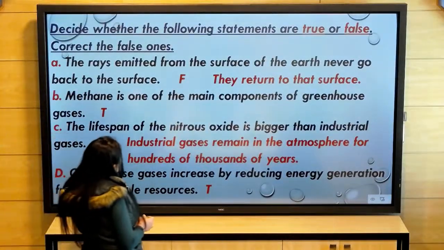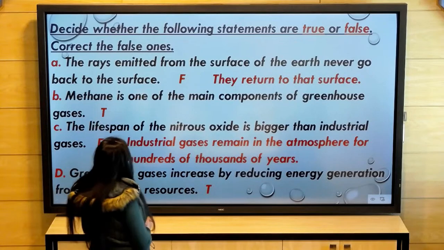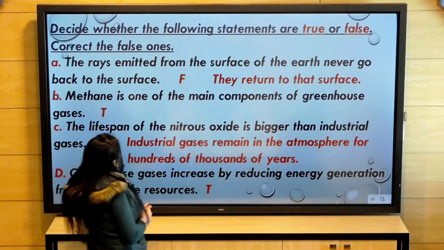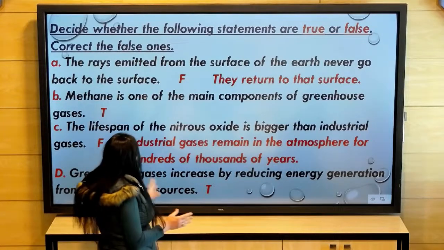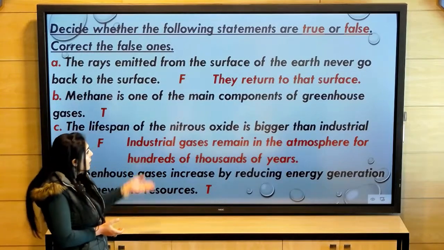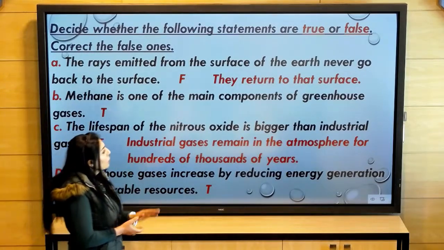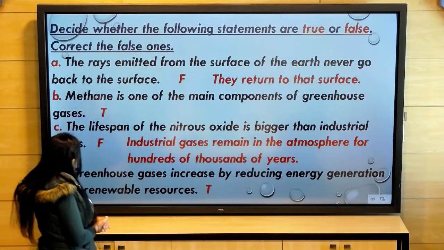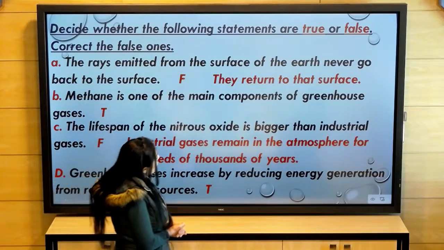Decide whether these following statements are true or false and correct the false one. A. The rays emitted from the surface of the earth never go back to the surface. It's false because we said that they return to that surface. B. Methane is one of the main components of greenhouse gases.